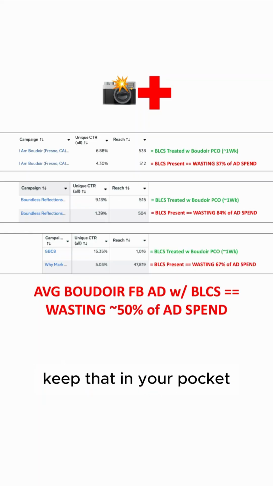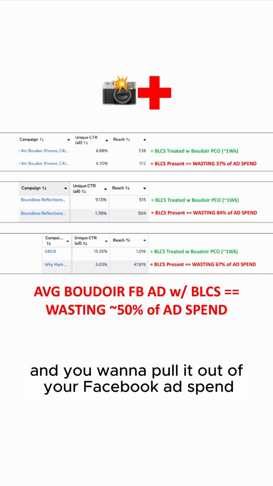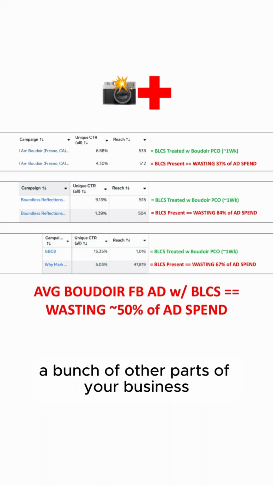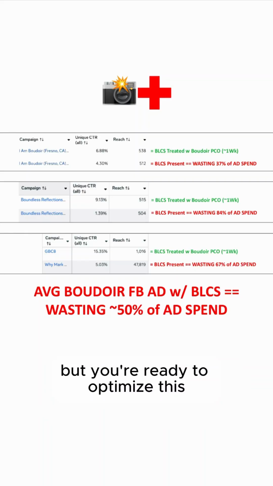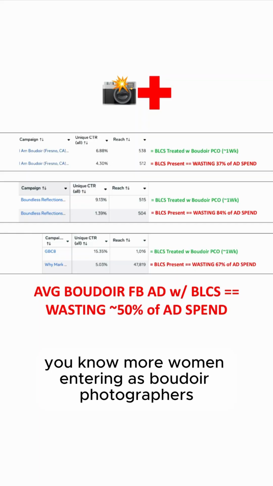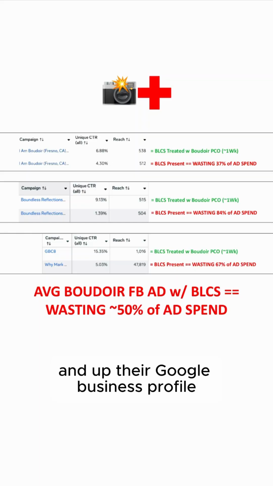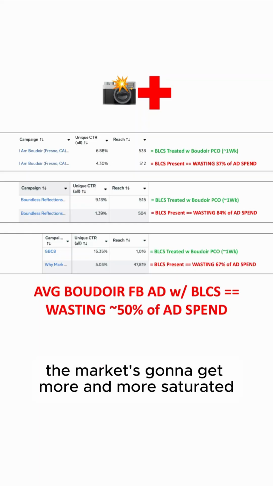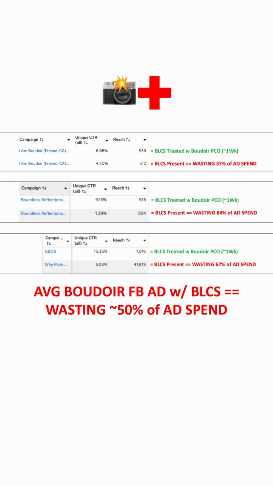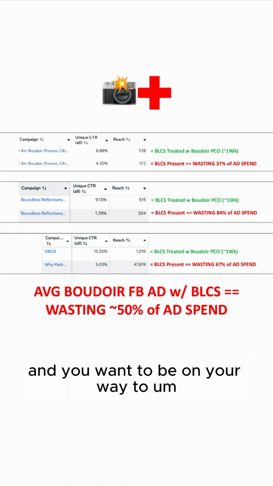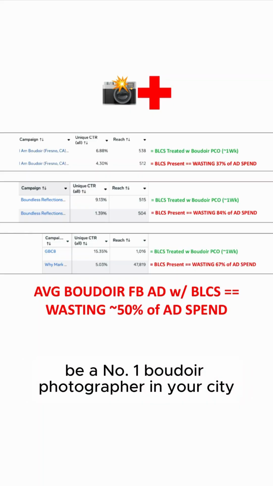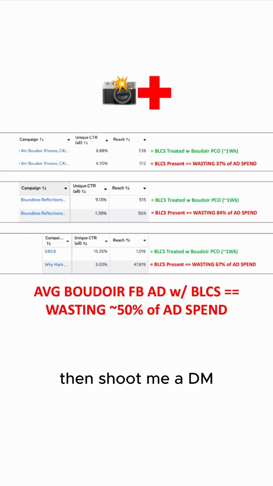Keep that in your pocket, and you want to pull it out of your Facebook ad spend because you've already optimized a bunch of other parts of your business, but you're ready to optimize this because you see more inflation, more women entering as boudoir photographers, setting up their Google business profiles, so the market's going to get more and more saturated, and you want to be on your way to being the #1 boudoir photographer in your city, then shoot me a DM.